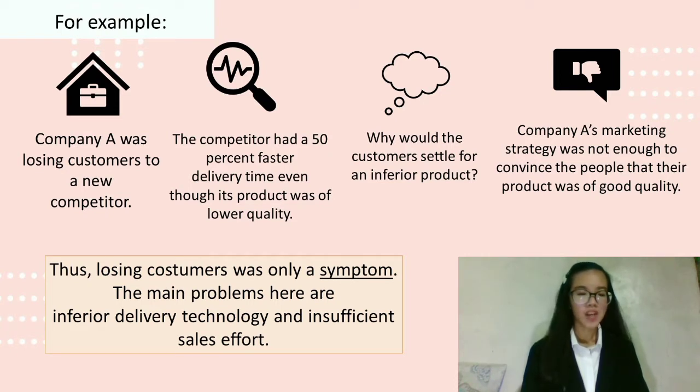Now, as you can see, the symptom was losing customers. But remember that it doesn't happen by itself. There might be a reason behind it, and it might be the main problem. Upon looking at it, the underlying problems might be the company's outdated delivery technology and insufficient sales effort. So here, you must address the main problem, not a related symptom.